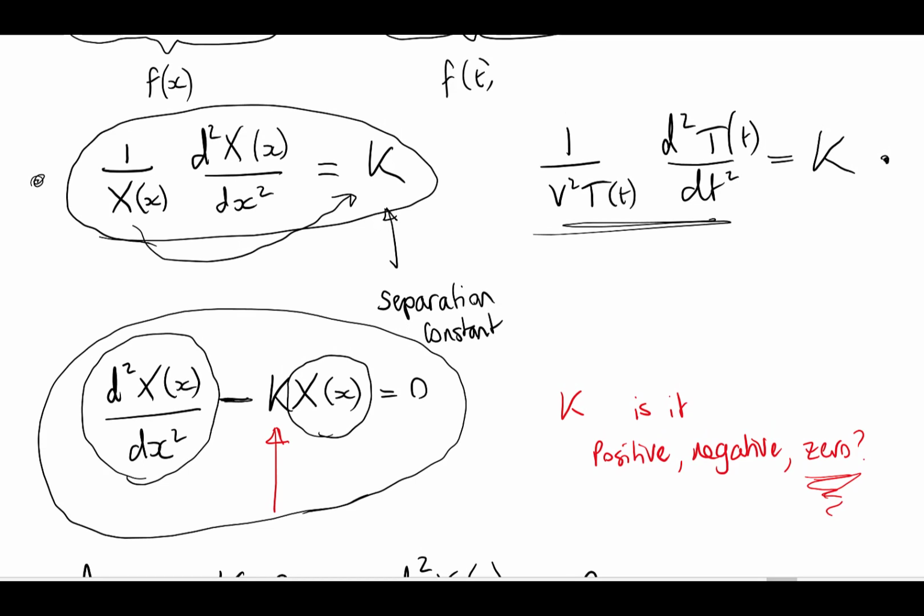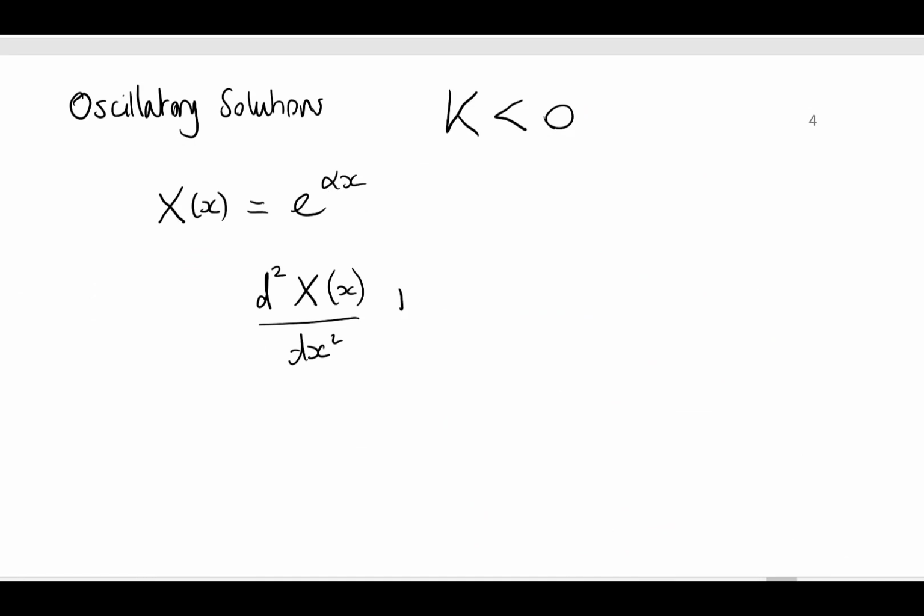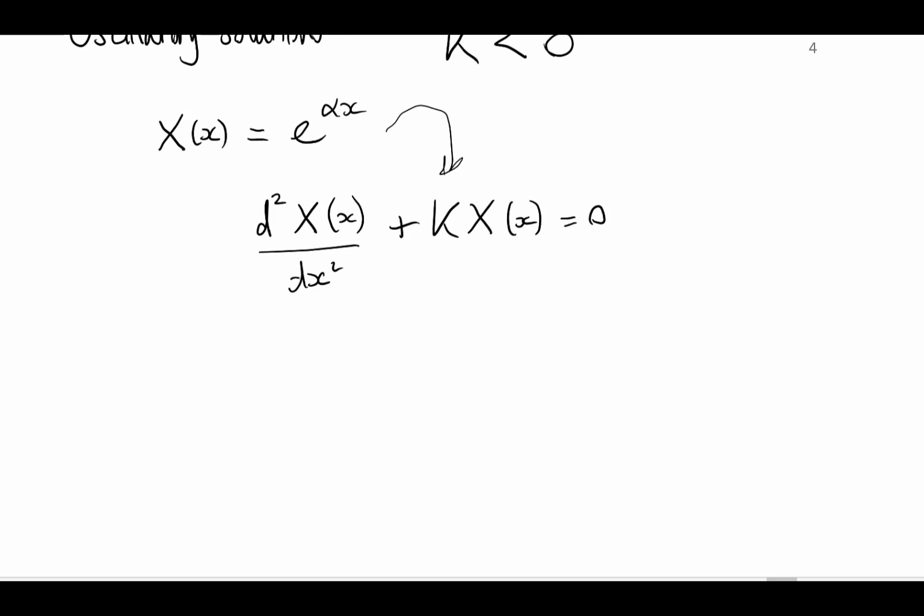So when x is negative, we're going to end up with a positive sign in that case. So let's write that down. It's now going to be plus kx, equal to 0. And we're going to plug in our exponential answer from before.